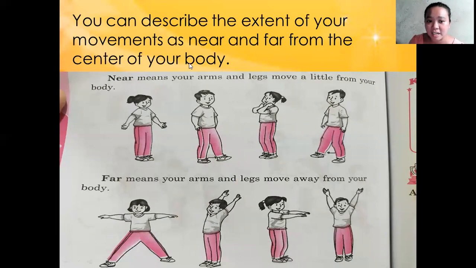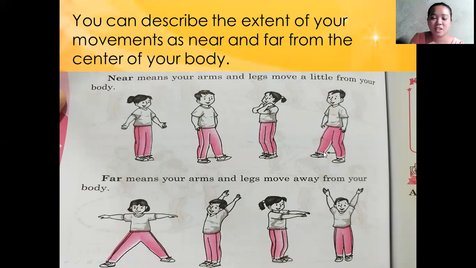Okay, near means your arms and your legs move a little from your body. So from your body, it moves a little, so it's near. If it is far, it means your arms and your legs move away from your body. Look at this one. It's far. Also this one, far, far, and far.